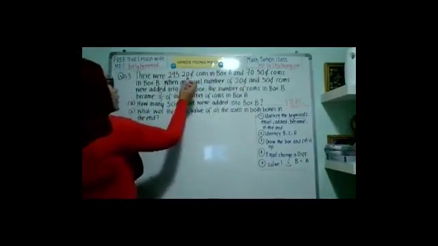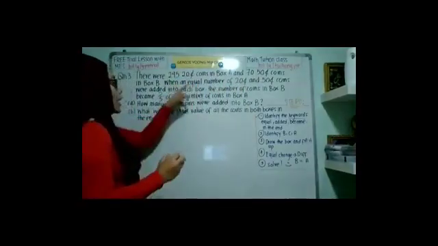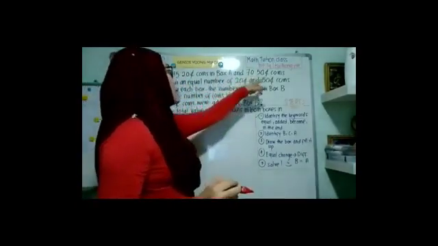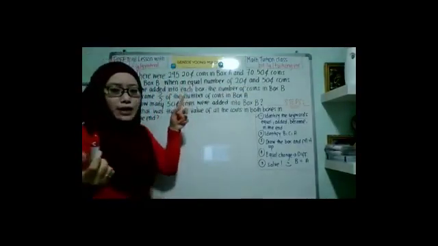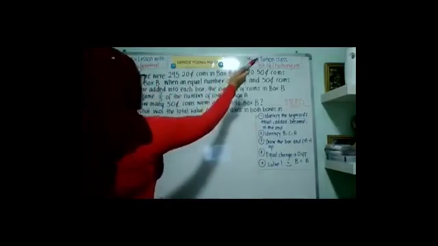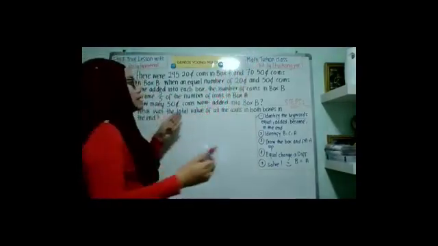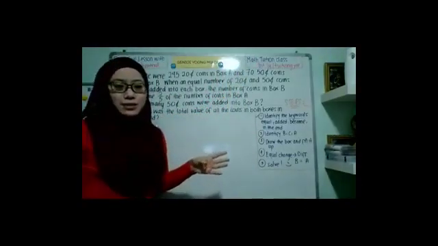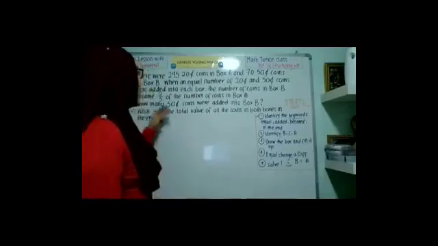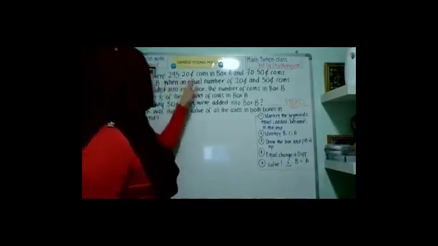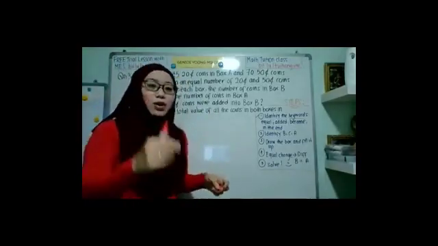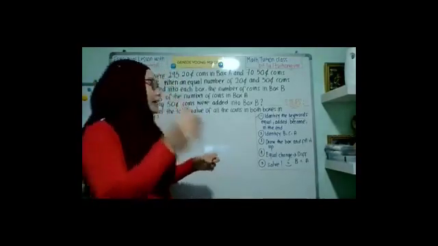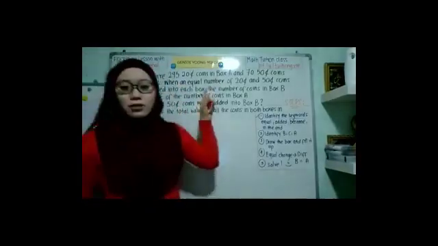When I read the first sentence, I know that they are telling me the number of coins in the box at first. So that first comes into your mind. Then the second sentence: when an equal number of 20-cent and 50-cent coins is added into each box.